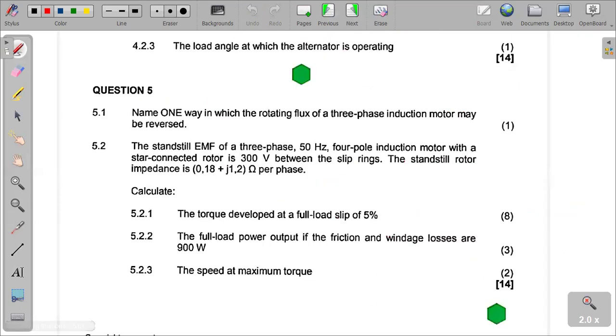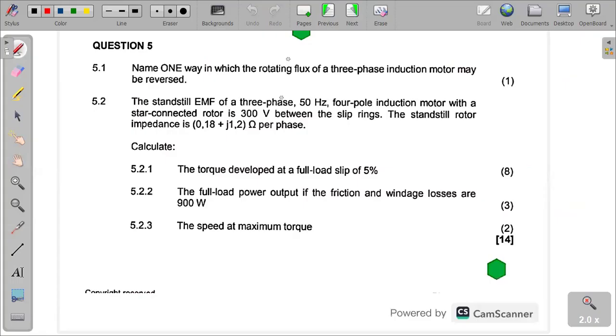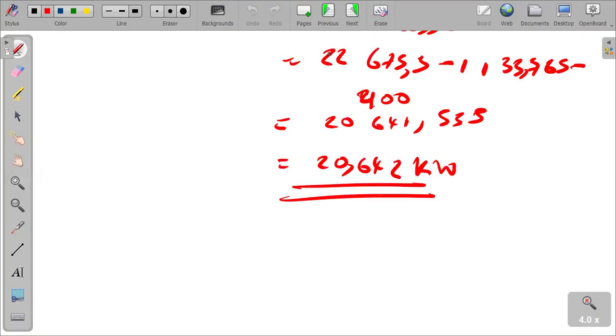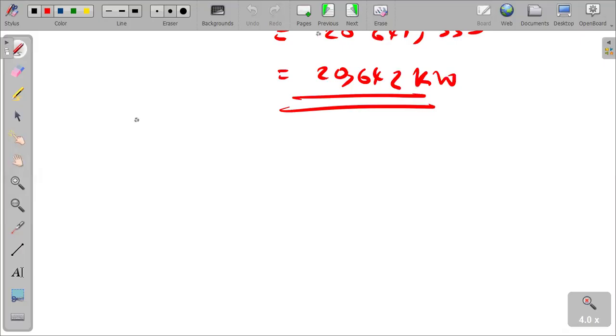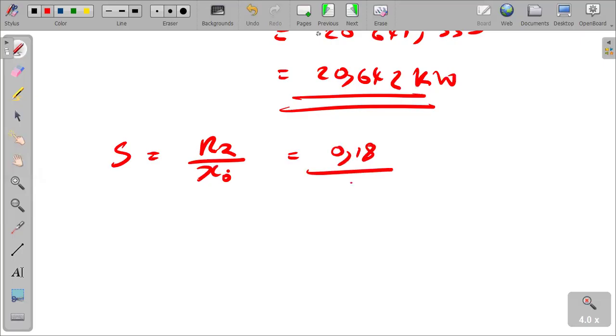Let's go to 5.2.3, the speed at maximum torque. At maximum torque, the speed can be calculated. First things first, we need the slip at maximum torque. So the slip S is given by R2 over X naught, which is equal to 0.18 divided by 1.2, which is equal to 0.15.